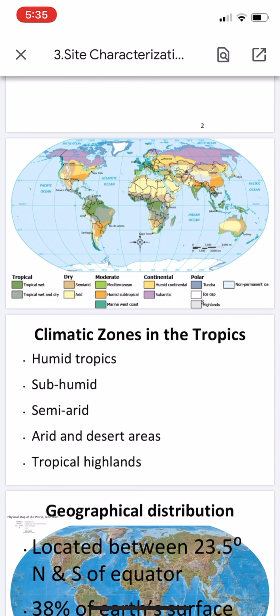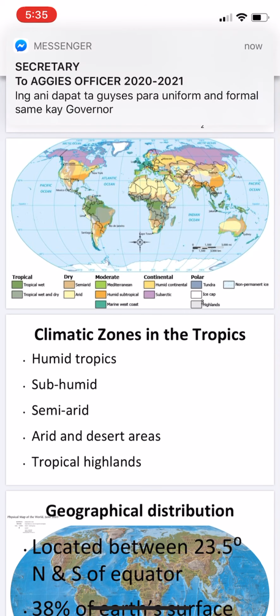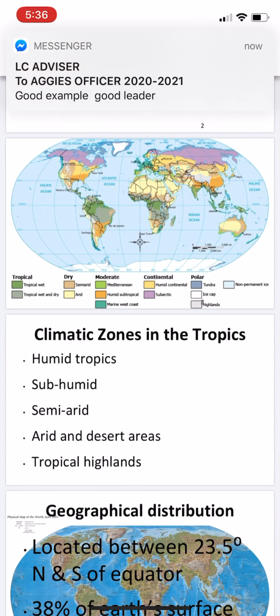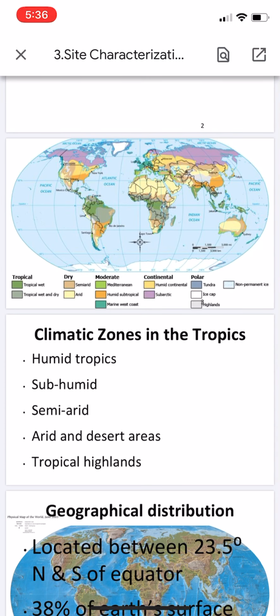So you can see here the polar or the tundra with the bluish color, the polar region. So it's so cold in here already, and even down the north and the south pole. And the white one is the ice cap already, and the highlands with a white gray, and non-permanent ice represented by light blue color. So those are the different climatic zones in the globe.